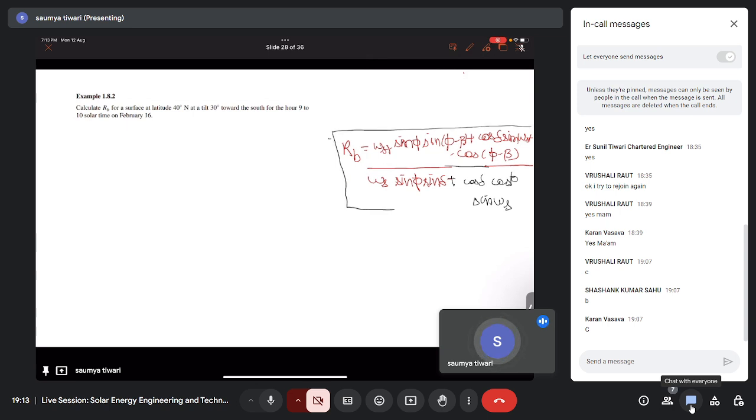See what parameters are given in the question and what needs to be calculated to finally get this RB value. I'll give a few minutes to solve this question.